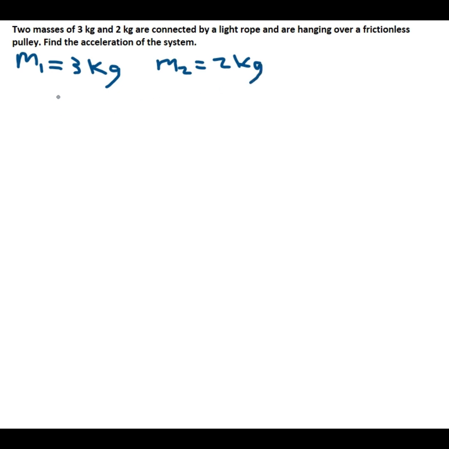We can draw out this example to help us visualize it. It should be obvious that since this is a frictionless system, it will fall in the 3 kg direction because it's heavier than the 2 kilograms. But let us calculate this acceleration.